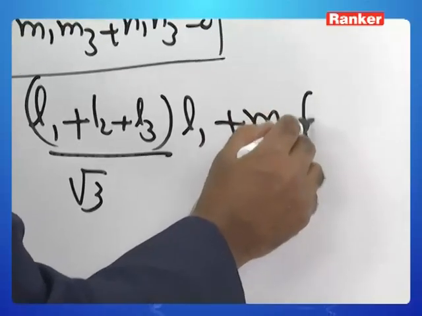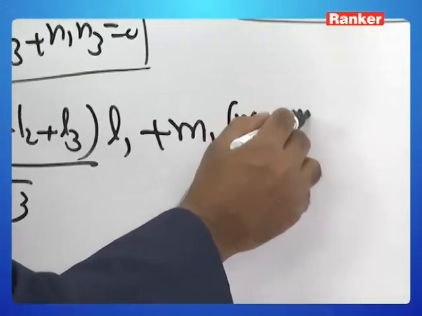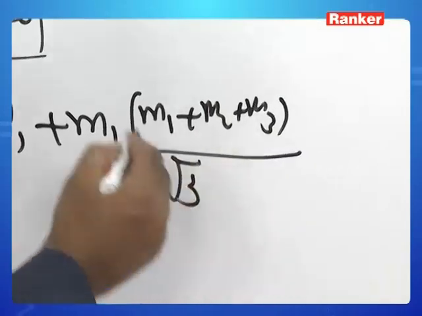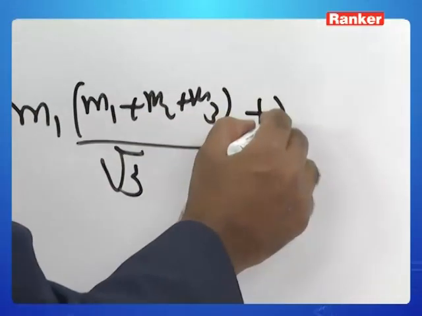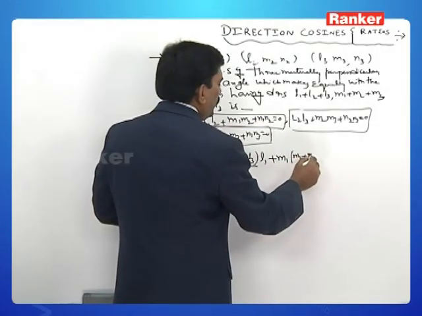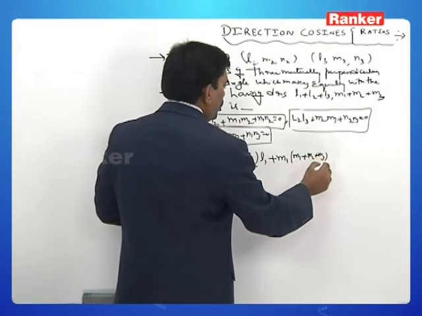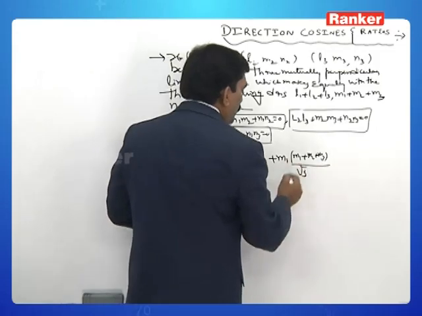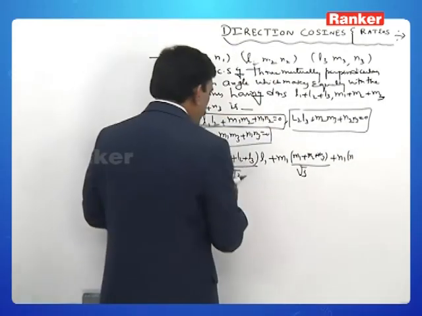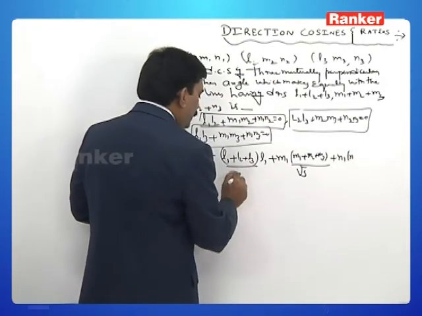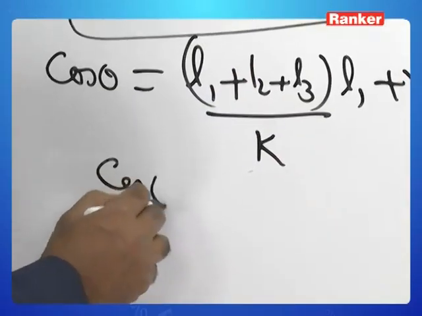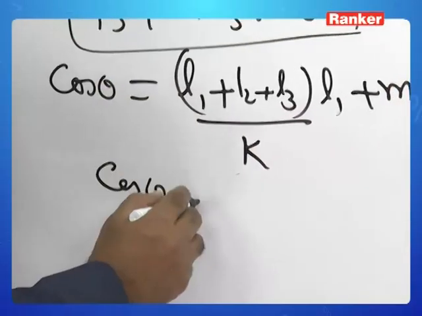These are the DCs, these are the DRs. Now let us take this as root 3. Let us see. Next, m1 into m1 plus m2 plus m3 by root 3. Next, n1 into n1 plus n2 plus n3 by k. Better, you take this as k. Let us find out k. I will show it separately.